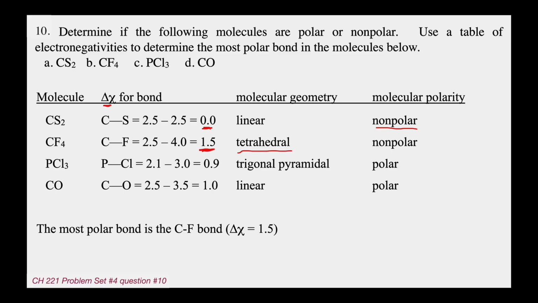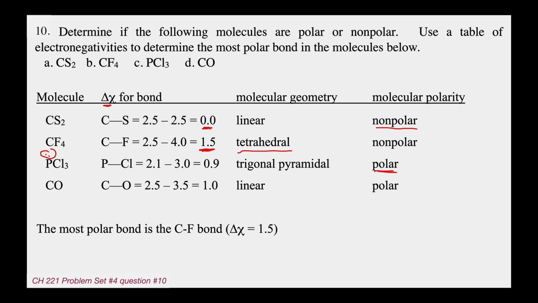The next one, PCl3. When you draw out the Lewis structure, there's a lone pair on the phosphorus. So the electron pair geometry of PCl3 is tetrahedral. So a lone pair with 3 chlorines, that's not a symmetric environment. So that automatically makes it polar. Now in the last two examples, everything around the central atom was the same.